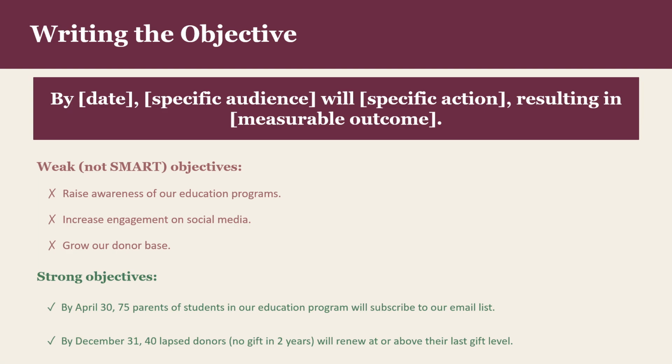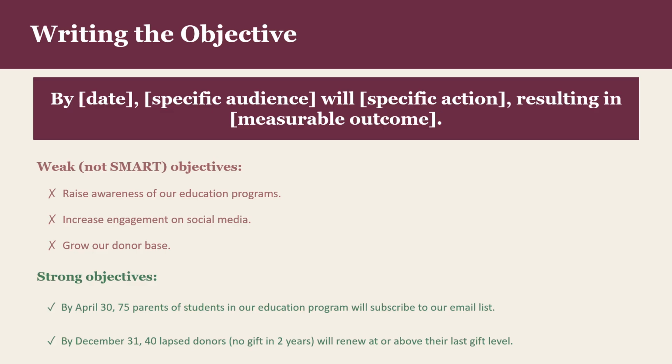So here's the structure. You use it as a starting point. It is not a template. Resulting in measurable outcome, that's the thing that many people skip. Please don't. It's the difference between describing a behavior and connecting that behavior to an organizational value. 50 new email subscribers matters because those are 50 more people who can be cultivated towards giving.